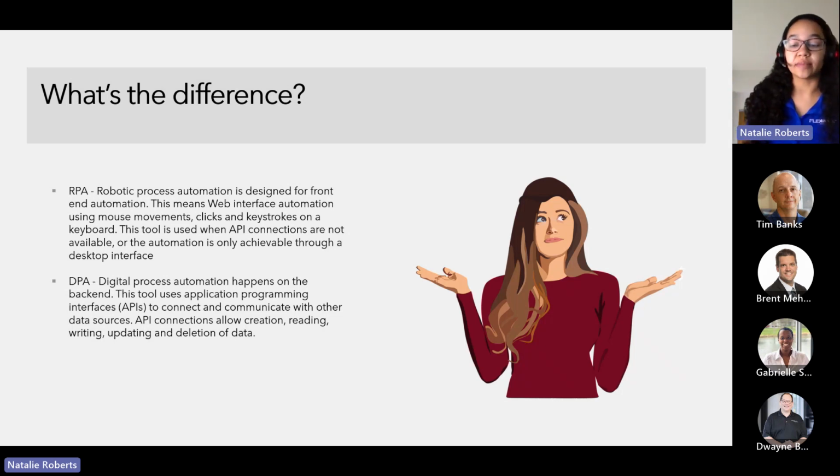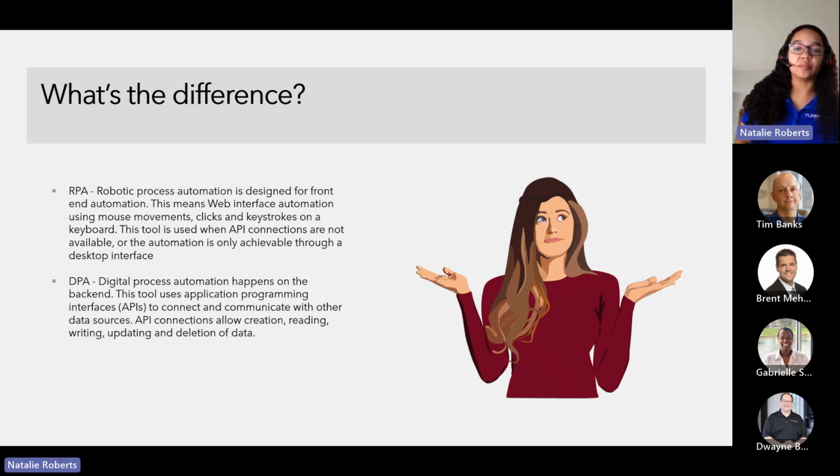Maybe you're logging into something else to approve something, and you need to click on the screen or hit enter, or maybe even enter a couple of numbers or some text. This is what robotic process automation is: using the interface that you would interact with on a day-to-day basis on your desktop. Digital process automation, as it says here, happens on the back end.